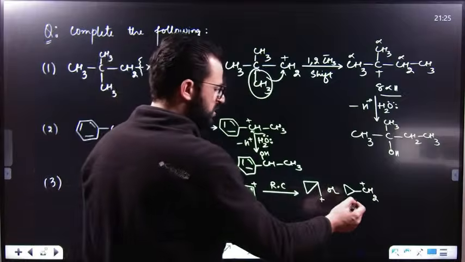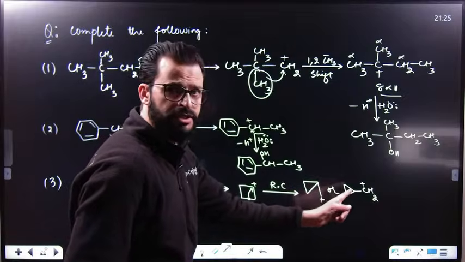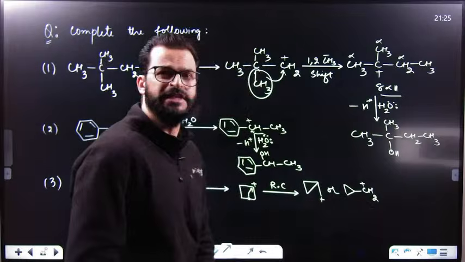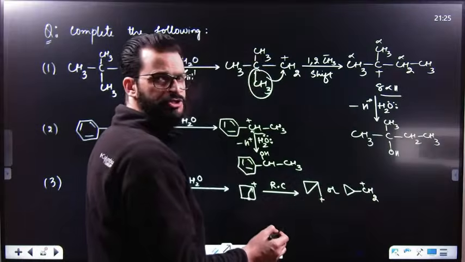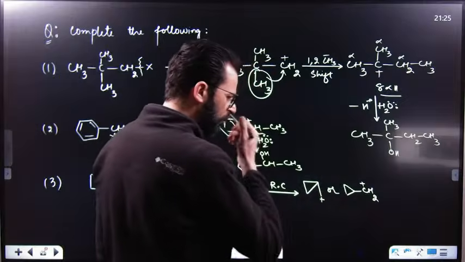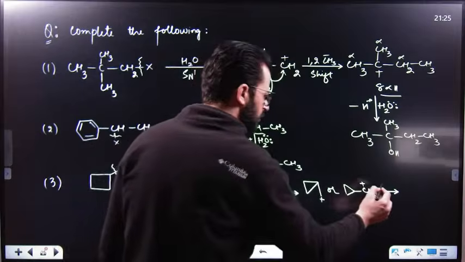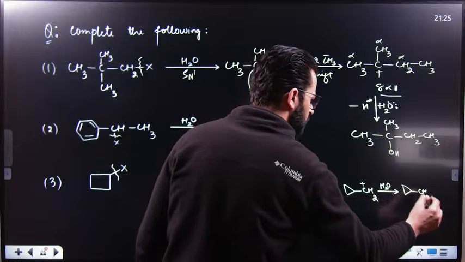Finally, this is the most stable carbocation. Why? Because this is not the actual structure, this is one of the structures. When you draw all the structures, this is stable because of dancing resonance as compared to this, or stable because of bent hyperconjugation, or because of what we call sigma resonance. After that water will attack and it will result in the formation of alcohol.